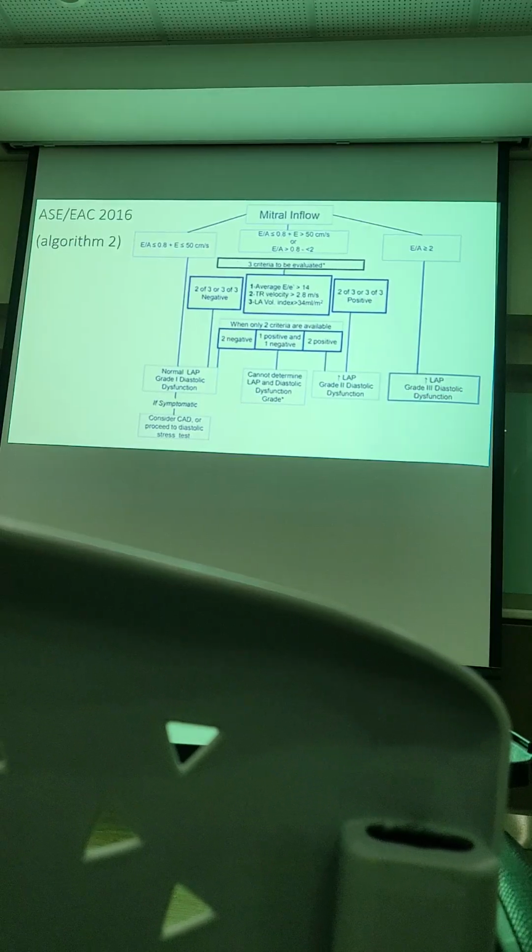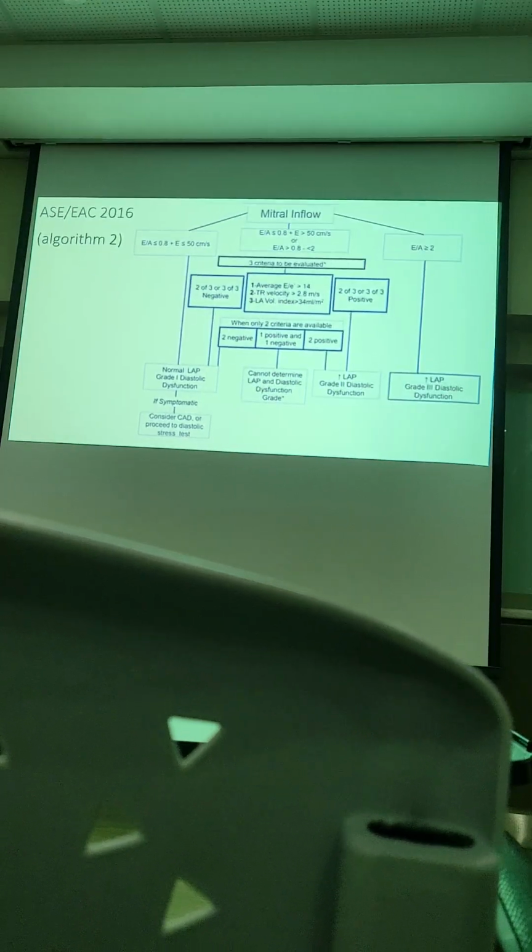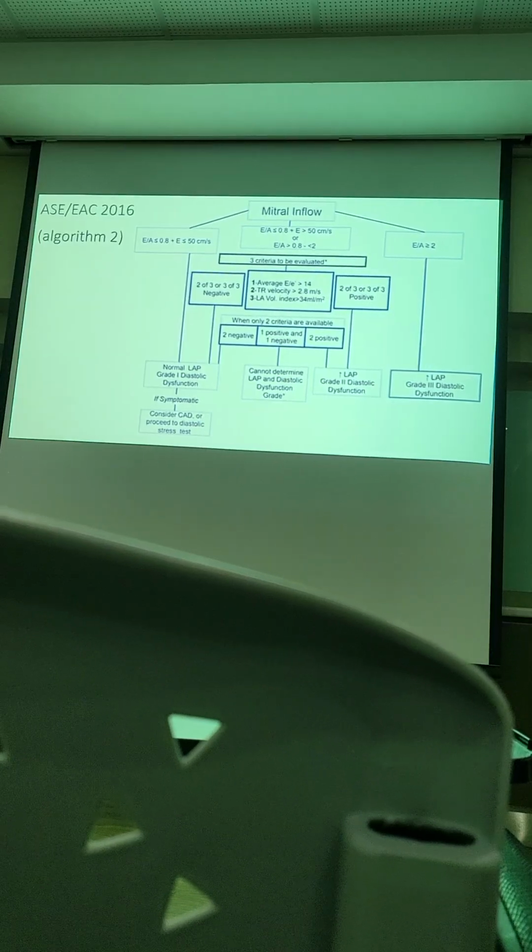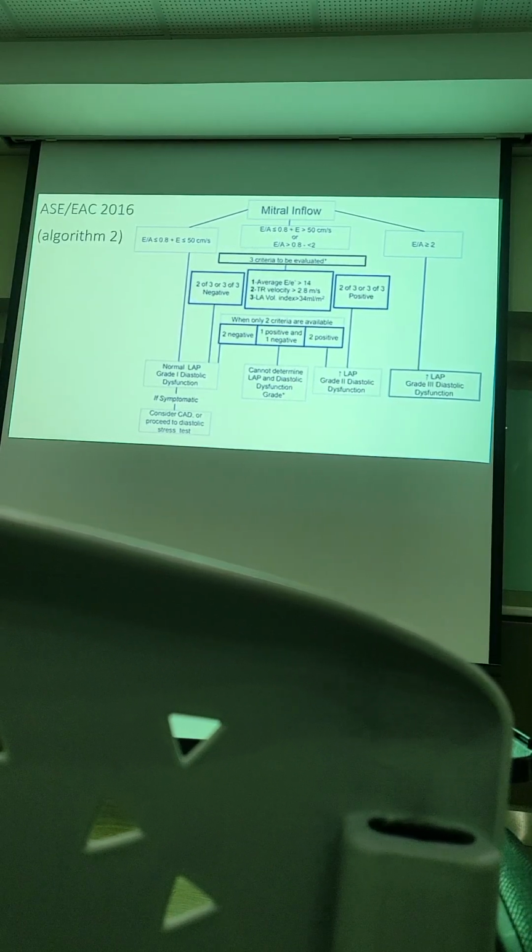So for the same guideline, the 2016 one, tapi this is the second algorithm. We use this if the myocardium is diseased or if the first algorithm is positive. Okay? So you can see first you need to know the E/A ratio, and only from the E/A ratio you will know where to head. If the E/A ratio is less than 0.8 and the E velocity is less than 50 centimeters per second, then you know this is grade 1 diastolic dysfunction lah.